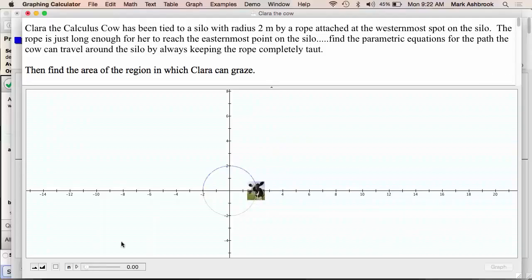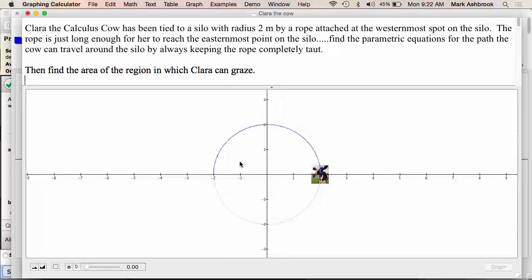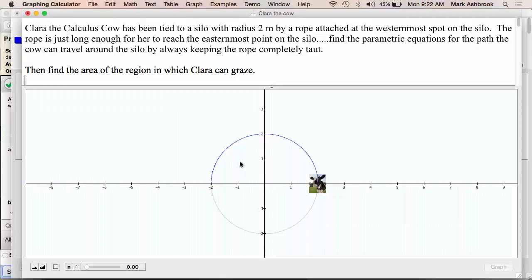Here you're looking down on the silo, which has a 2 meter radius. And Clara is tethered to the silo by a rope.